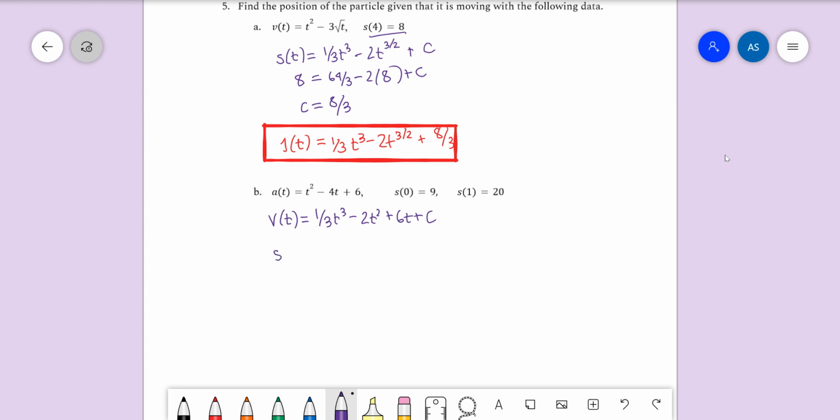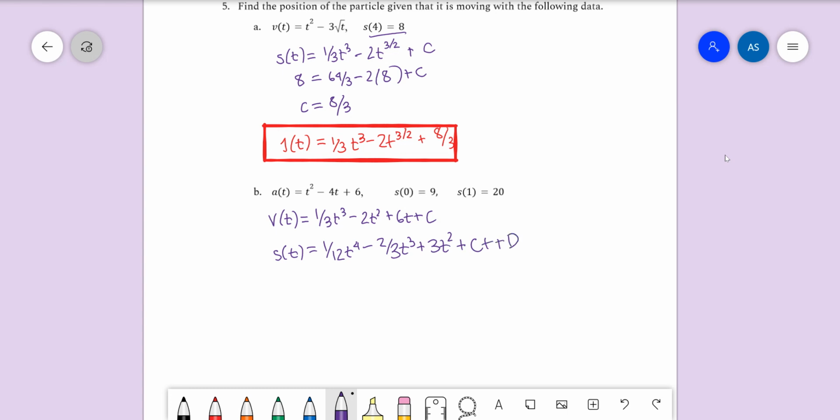Next, we want to anti-differentiate one more time, so we get position. So the position s of t equals 1/12 t to the fourth minus 2/3 t to the third plus 3t squared plus ct plus d.